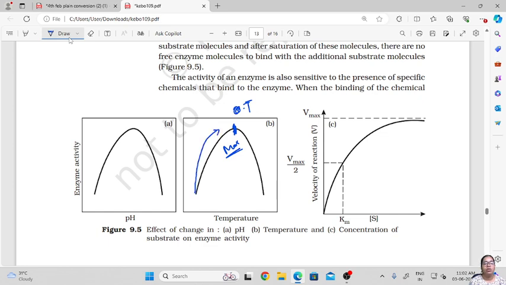So below the optimum temperature and above the optimum temperature, the enzyme activity will decrease. See, over here it is less, and over here it is less. Over here, this is the peak site where the enzyme will be very active. So this is how we can represent the activity of the enzyme.